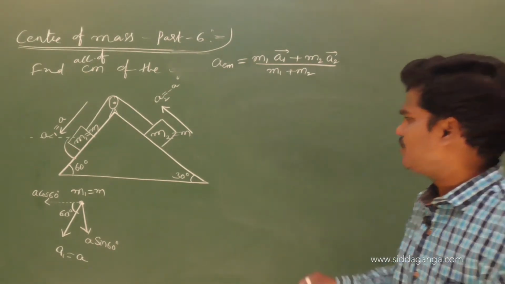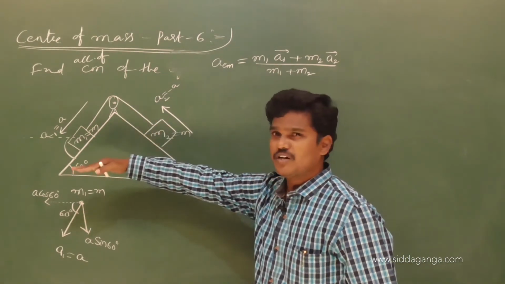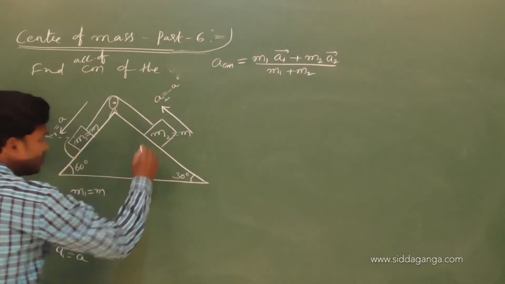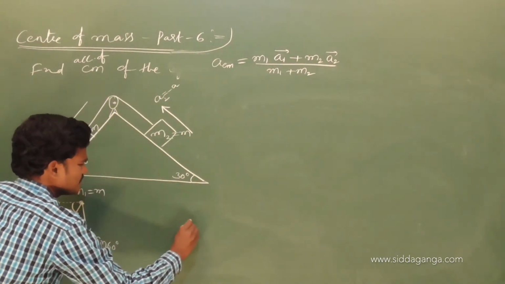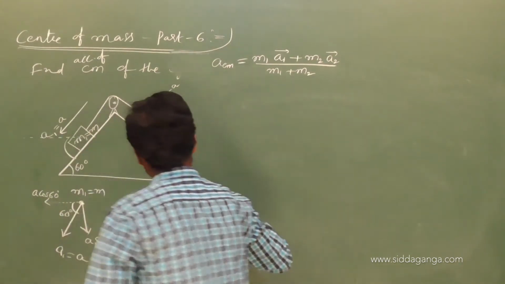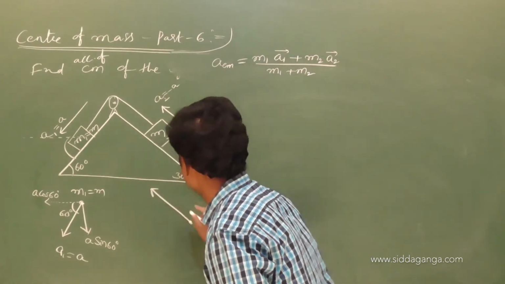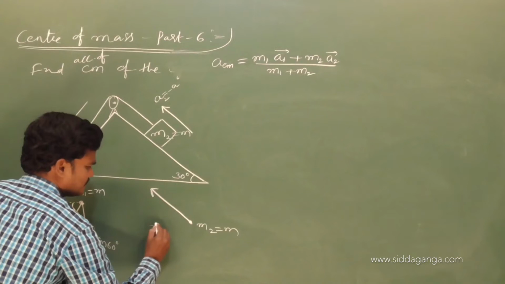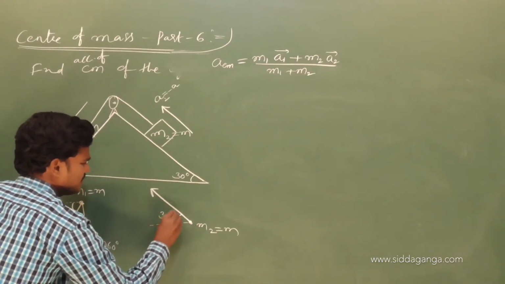Coming to a2. a2 is in this direction. It is making 30 degrees with respect to the horizontal. So let me draw m2. m2 is anyhow equivalent to m. So draw the free body diagram. Now see how much this angle is: 30 degrees.